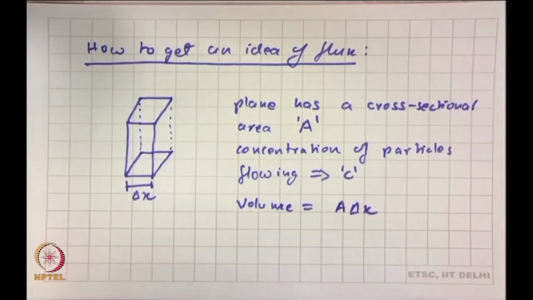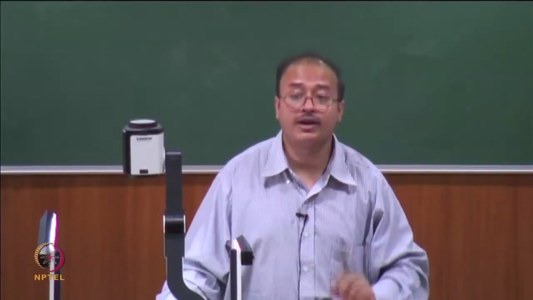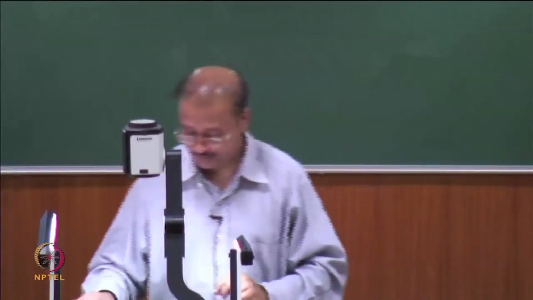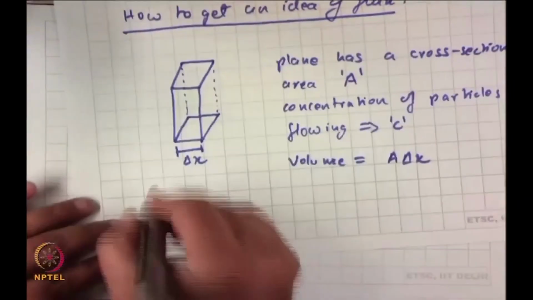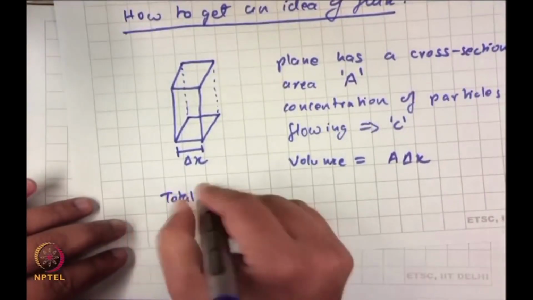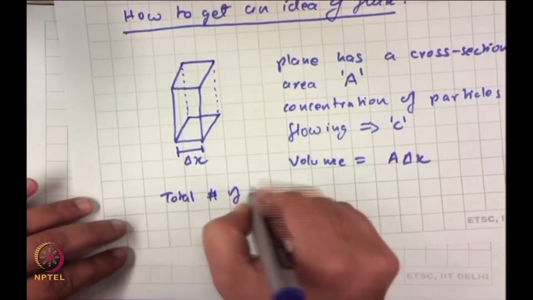Now, if this is your volume, and you are given the concentration, which has some moles per unit volume, then what is the total number of particles flowing through this volume?